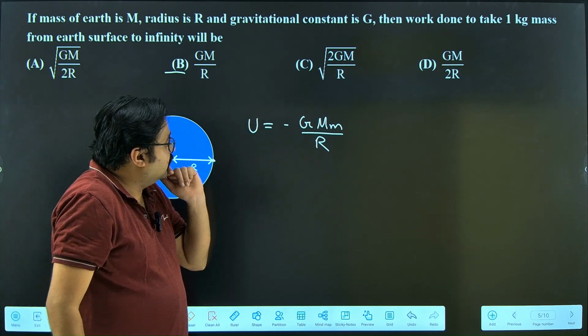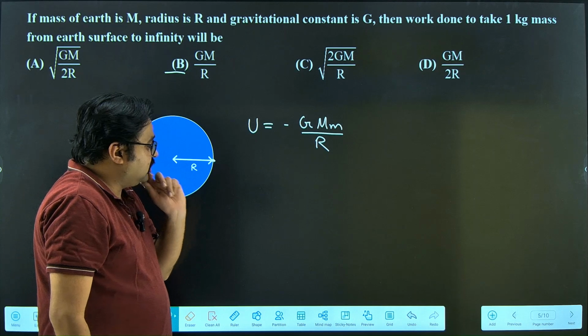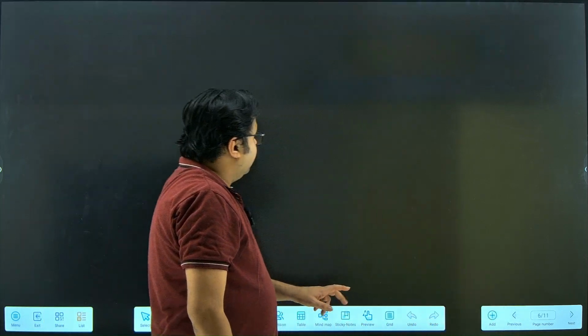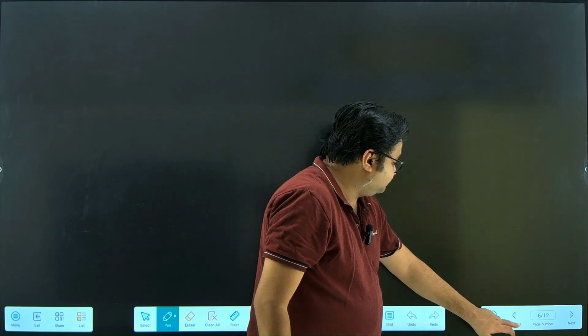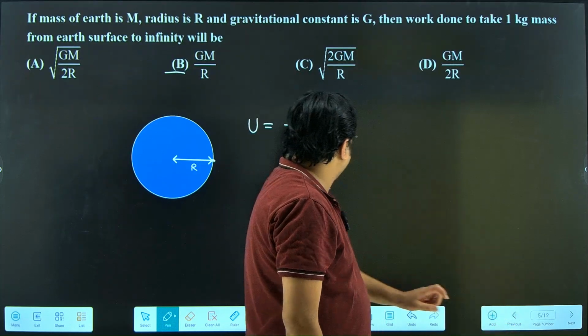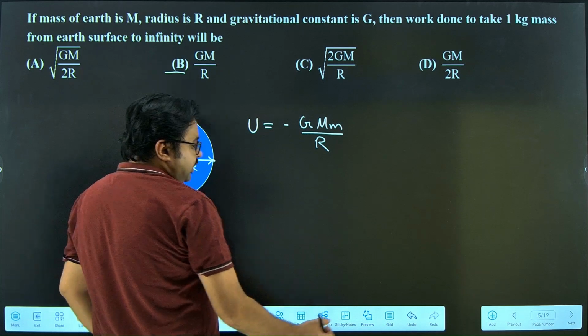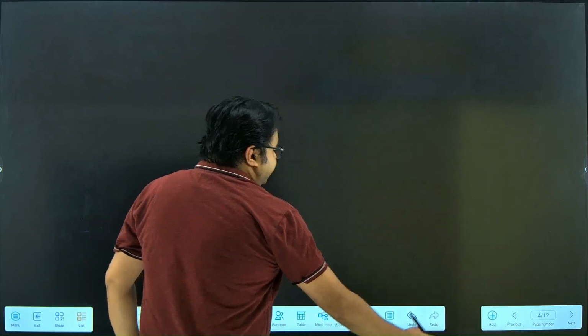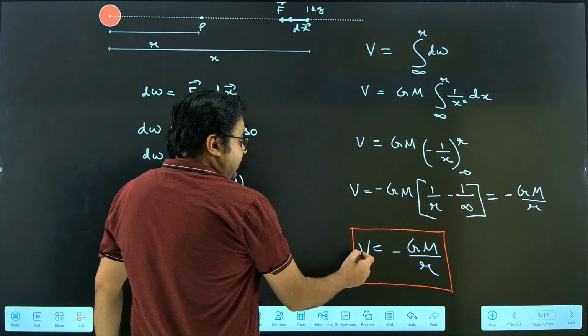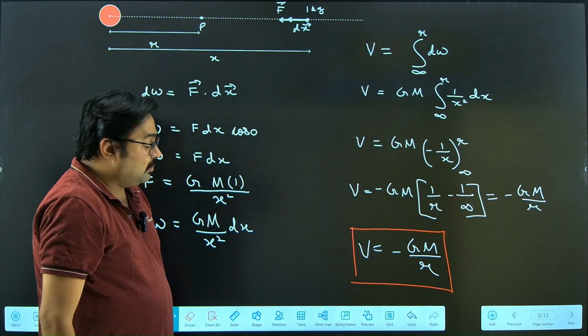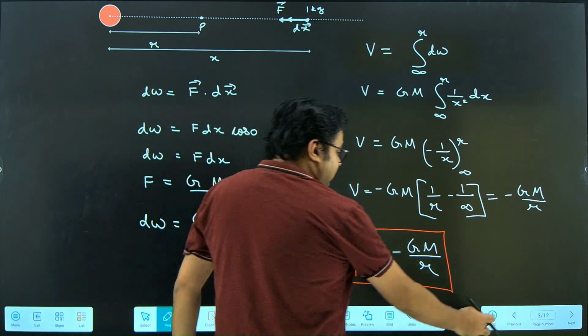You would be wondering, in the previous slide, you said that the gravitational potential is V equal to minus GM by R. How did you even arrive at that formula?